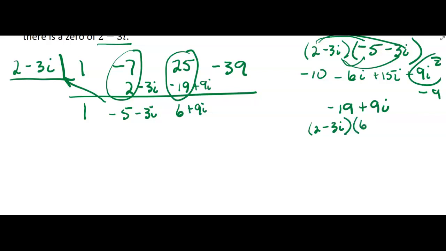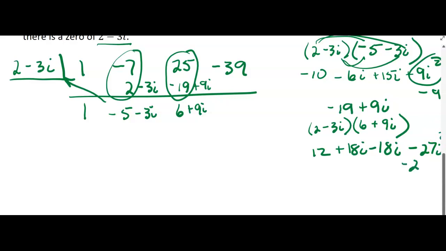Okay, so now I have to go and multiply 2 minus 3i times 6 plus 9i. Okay, and I'm back to FOILing. I get 12 plus 18i minus 18i minus 27i squared. So that's going to become 12.